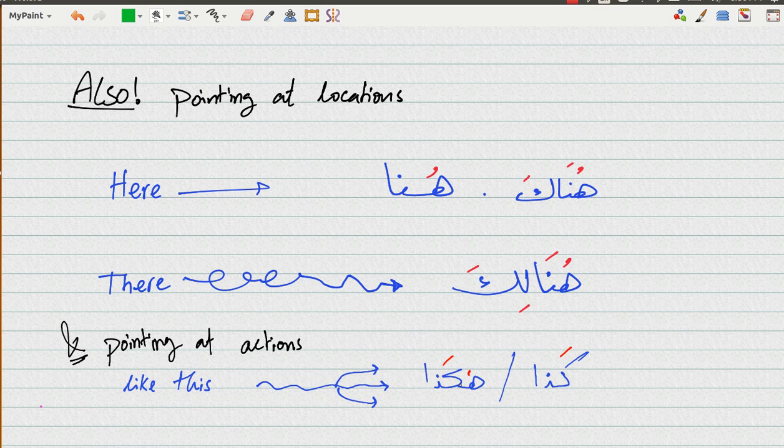A lot of the time in Arabic, if you want to say something is like this and like that, you'd say هكذا وهكذا. Or sometimes you'd hear كذا وكذا.